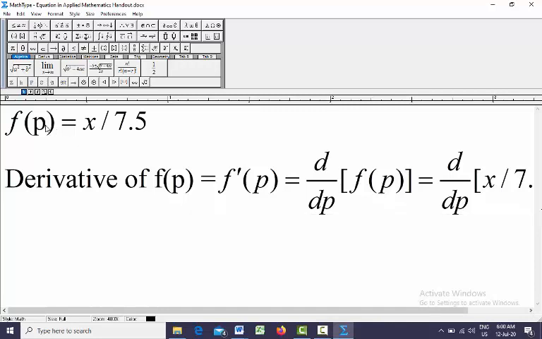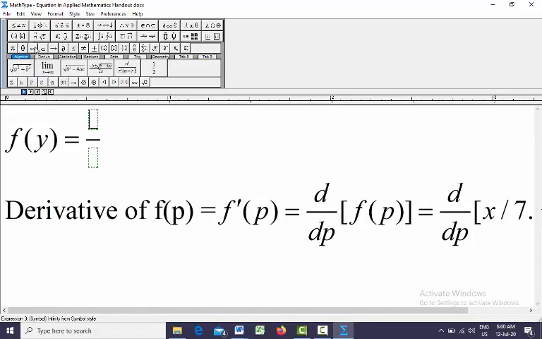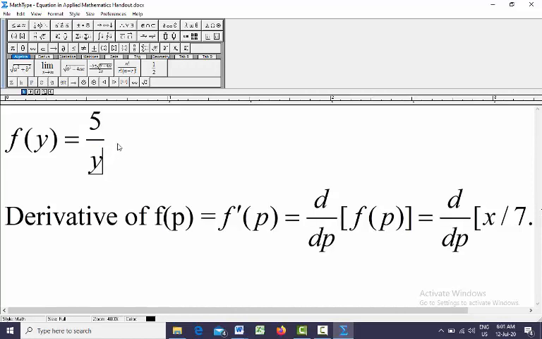So suppose the variable is y, and we have 5 by y minus 2y.